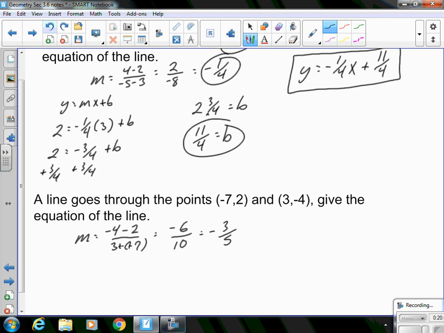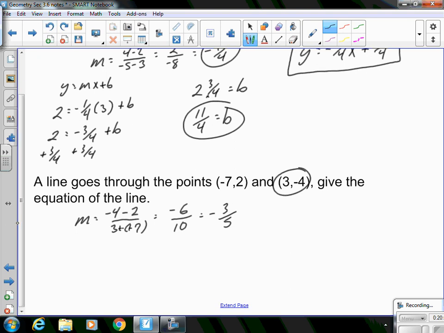And then, just like before, pick a point. Actually, I want to go with the other one just because the numbers are smaller. So then plug those in. So the y equals mx plus b format. Our y is negative 4. Slope of negative 3/5 times our x, which is 3, plus b.